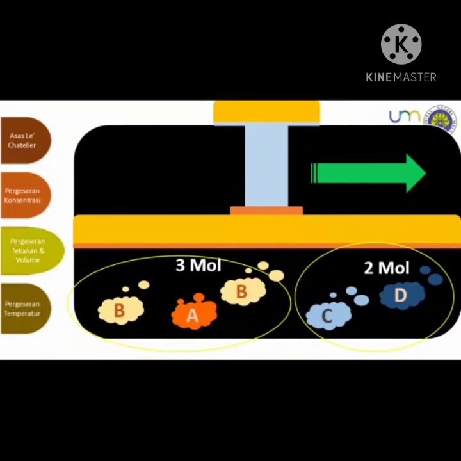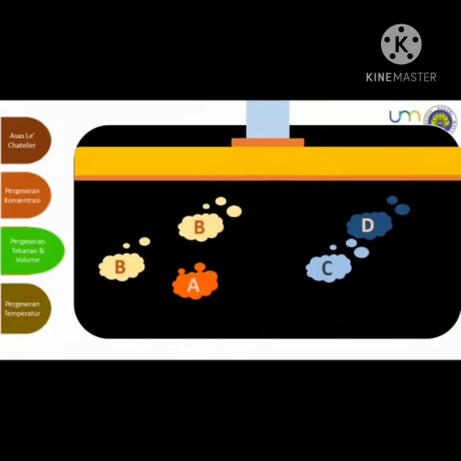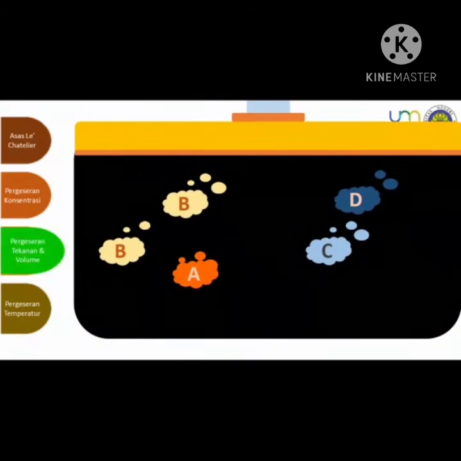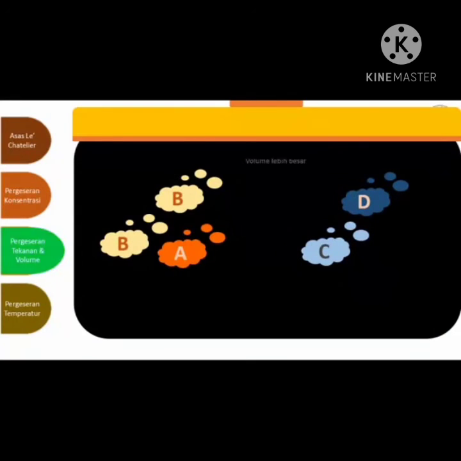So the equilibrium will shift to the product, or to the right side. And when the pressure is lower, then the volume will be bigger and the space will also be bigger, so the equilibrium will shift to the left side where the number of mole is bigger.